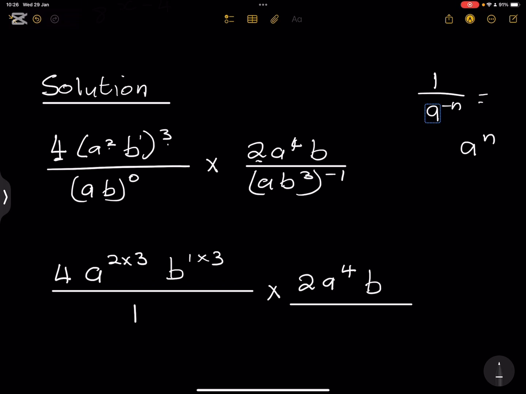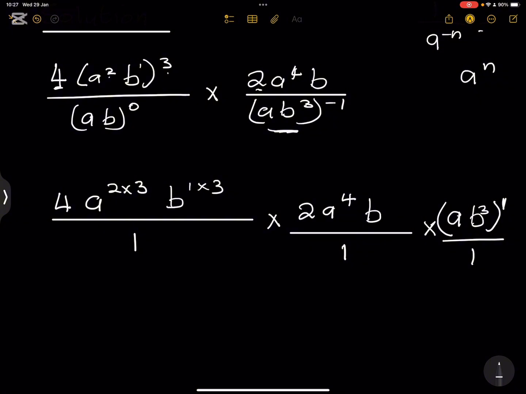So we can just take all of this and multiply to the numerator. I'm going to leave a 1 there, and this becomes a times b to the power 3, raised to the positive 1, and that's over 1. Now let's simplify this.